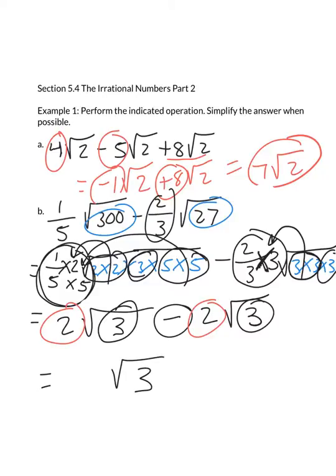So I technically have 0 square root of 3's. Just like if I said 2x minus 2x, that equals 0. 0 times square root of 3, well, 0 times anything is just 0. I know we did all that work for a final answer of 0. But yeah, 2 root 3 minus 2 root 3 is none of them left. So 0 is our final answer for part B.